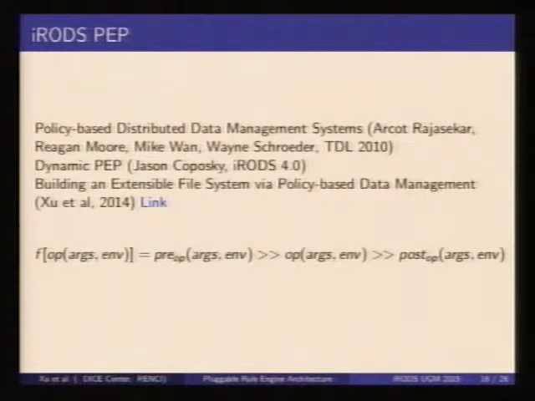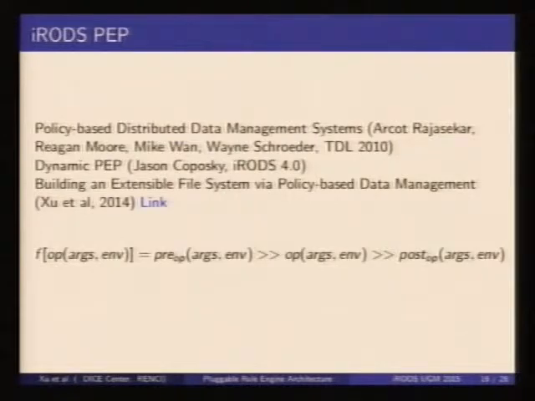Basically, this first paper described the concept of policy-based data management, which includes the policy enforcement point. And then Jason, for iRODS 4.0, created the dynamic PEP, which basically says, okay, I take this concept and generalize it to all plugin operations. Now, every plugin operation is equipped with two policy enforcement points, pre and post.